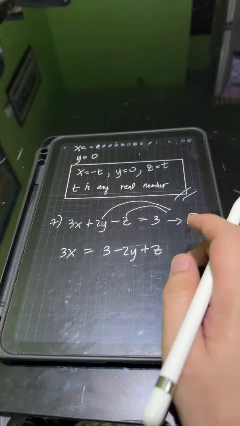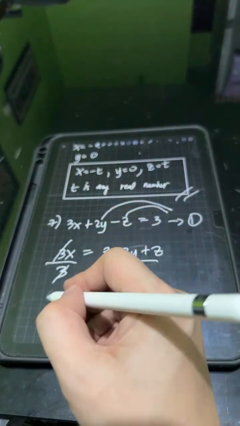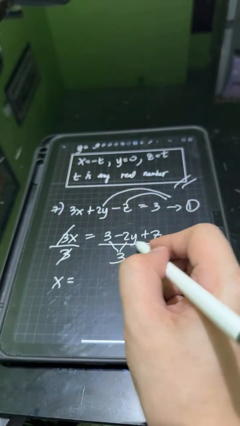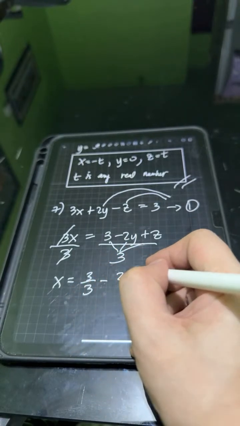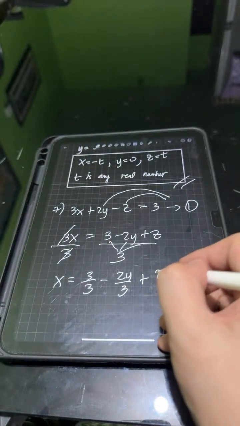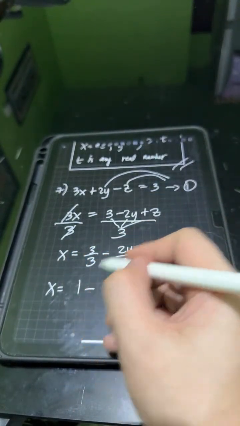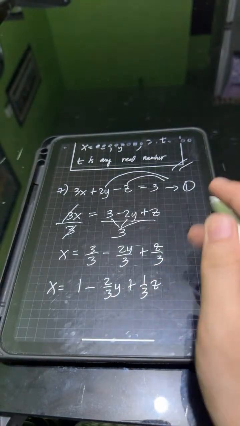Divide both sides by 3, so that you can divide each term on the right by 3. We will have 3 over 3 minus 2y over 3 plus z over 3. Or x is 1 minus 2 thirds y plus 1 third z.